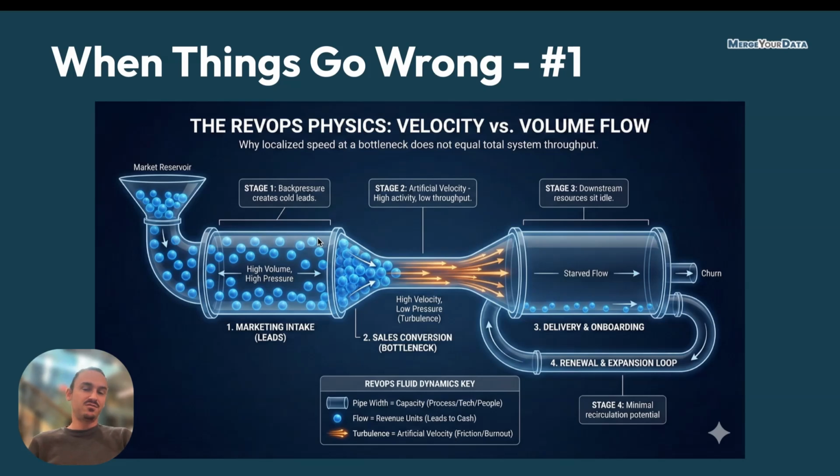So this is one unique situation that we see. People might be pushing in a lot of really good leads, but their sales team is just not effectively picking them up, or they're not effectively converting them into an actual booked call. And so then what we get here is the sales conversion bottleneck. And so you can see that there is a situation of high velocity, but low pressure.